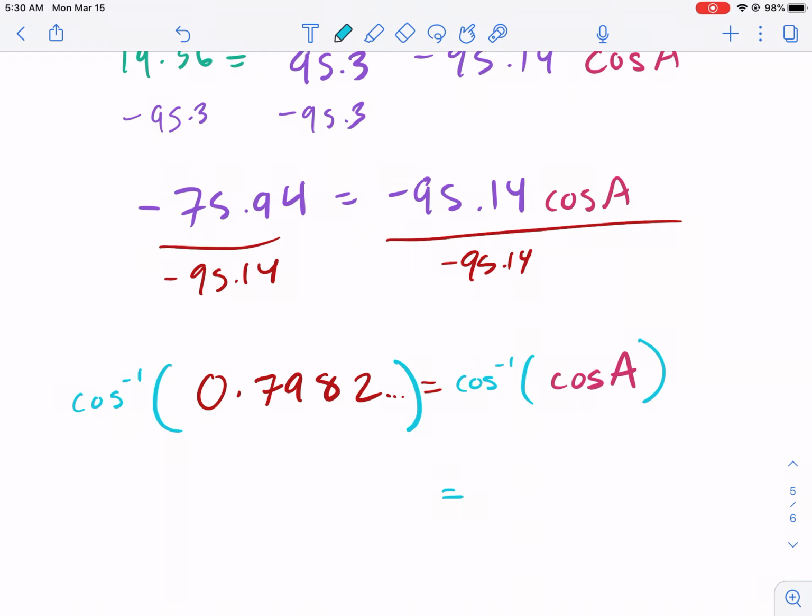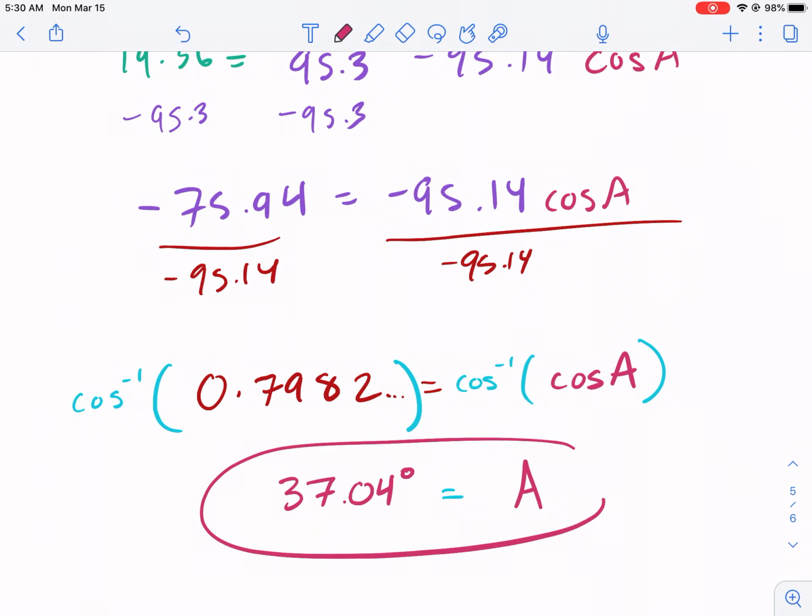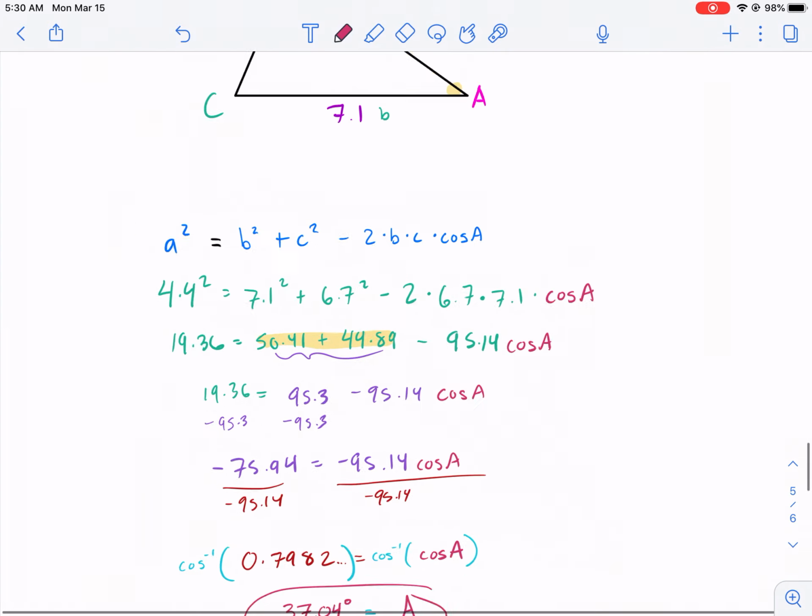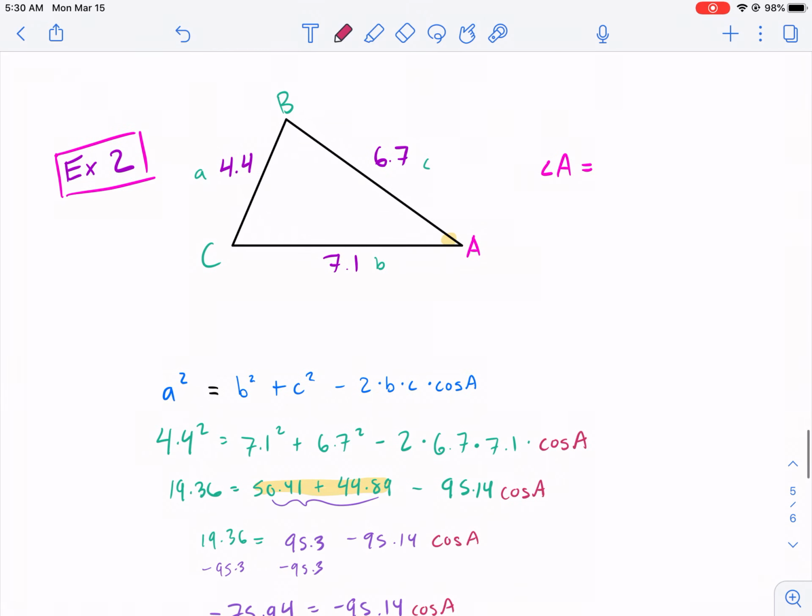First off, let me show you, inverse cosine of cosine just gives me A. It undoes the cosine, and I'm left with A, which is the angle, and on the left side I get 37.04 degrees. So that is how you use law of cosines when you just have all 3 sides of a triangle, which is pretty useful.